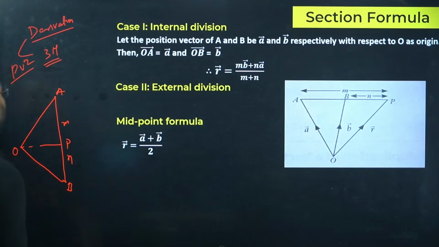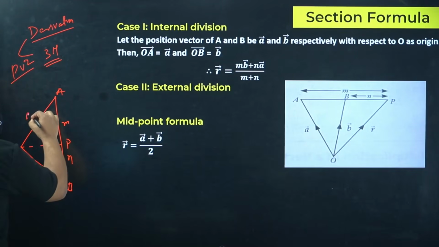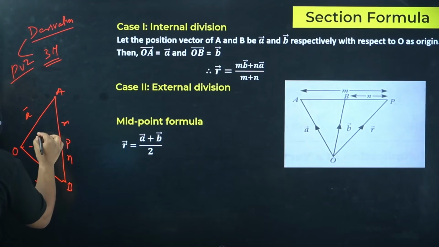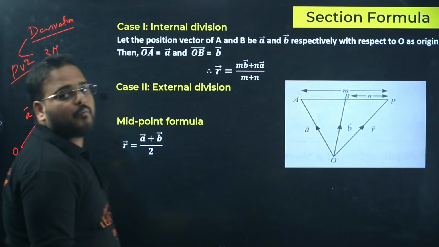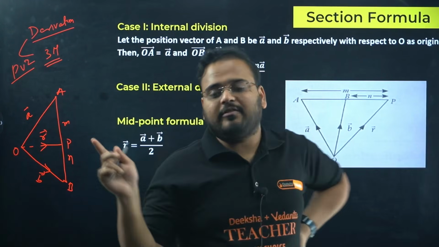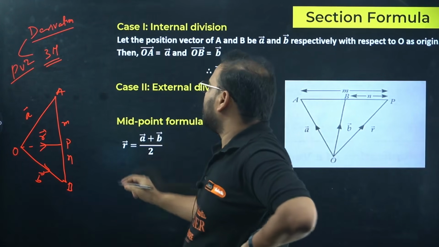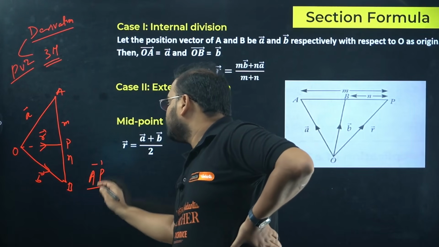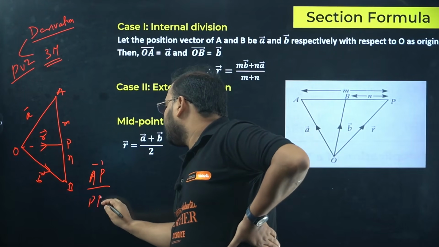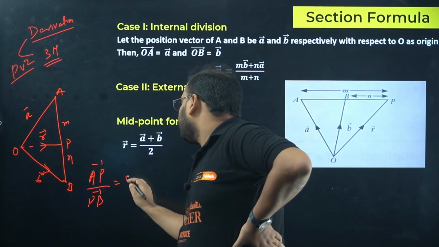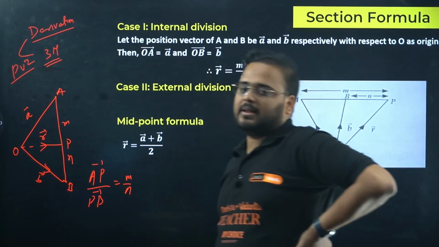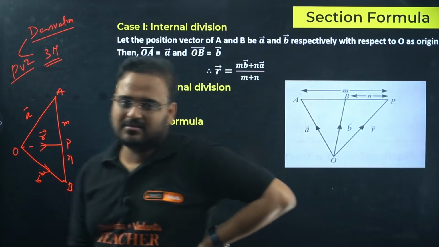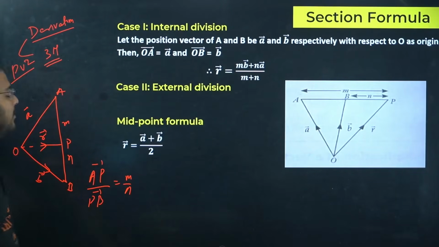In that case, this will be my vector A, my vector B, and my vector R. R represents the resulting vector of the point P, which creates a section of M to N. Over here you can see AP vector to PB vector is M by N. I'm talking about the magnitude side only, not with respect to the constants.